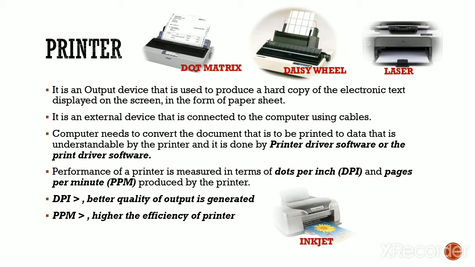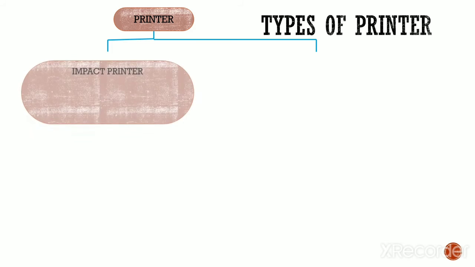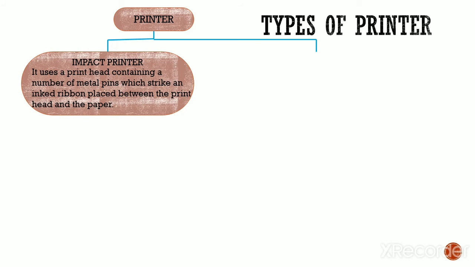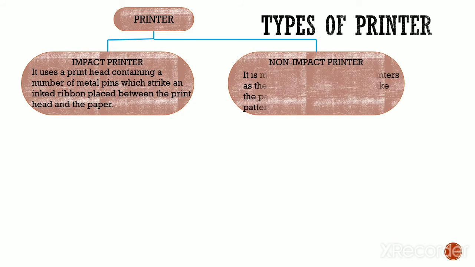Okay, you can see the types of printers over here. A printer has been given as two types: impact printer and non-impact printer. First we'll see what an impact printer is.